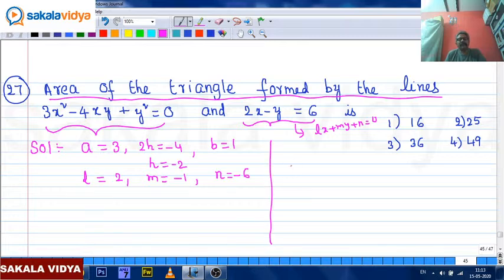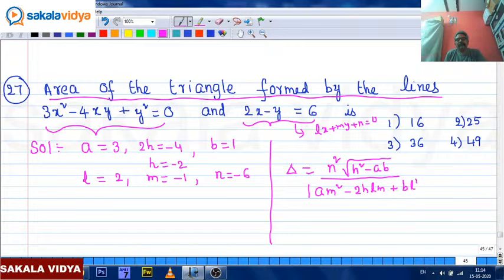Then delta, the area of the triangle formed by the lines ax square plus 2hxy plus by square is equal to 0 with lx plus my plus n is equal to 0, is given by n square root of h square minus ab upon modulus of (am square minus 2hlm plus bl square). Am I correct? Now let us substitute the values.